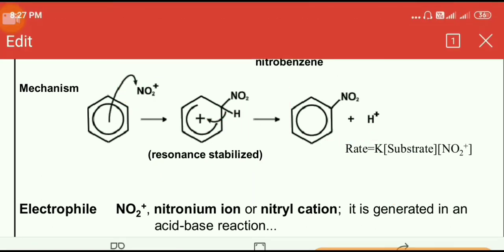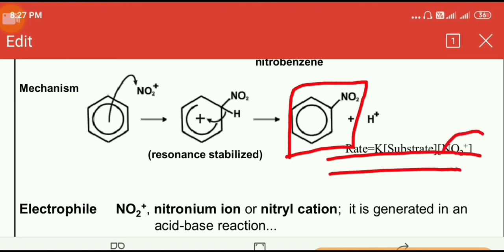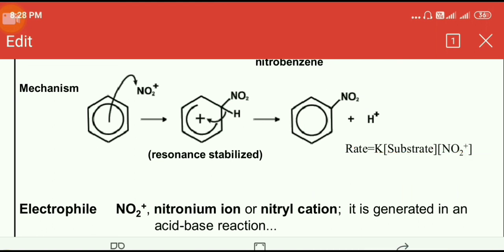Finally, nitrobenzene is formed. So the rate of reaction depends on the concentration of the cation and the concentration of the substrate, and the reaction proceeds.